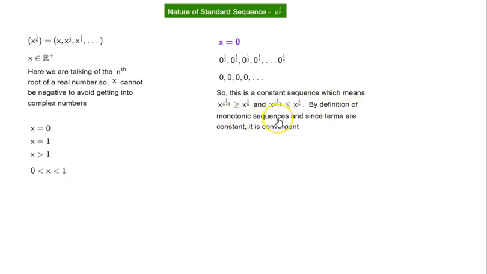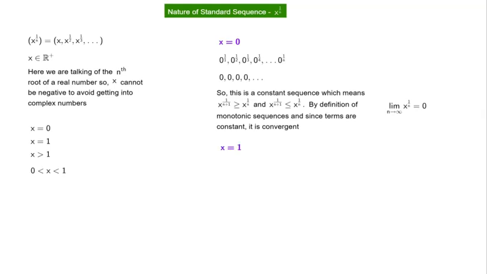So by definition of monotonic sequences, and since terms are constant, it is convergent. So the limit as n goes to infinity of x to the power of 1 by n is equal to 0 when x equal to 0.